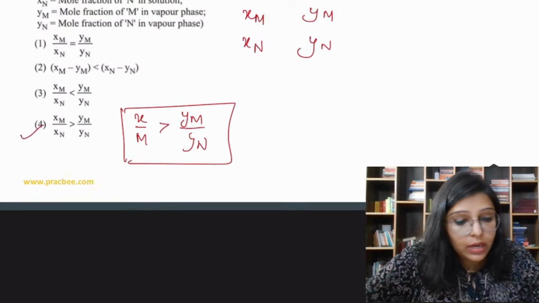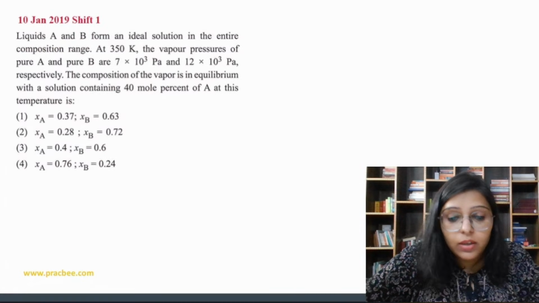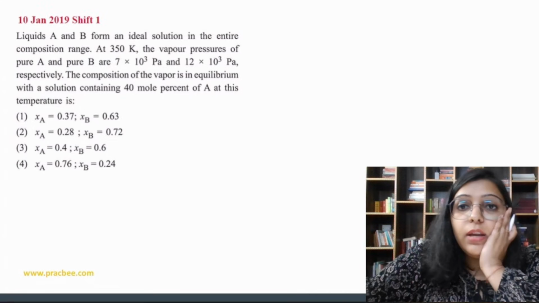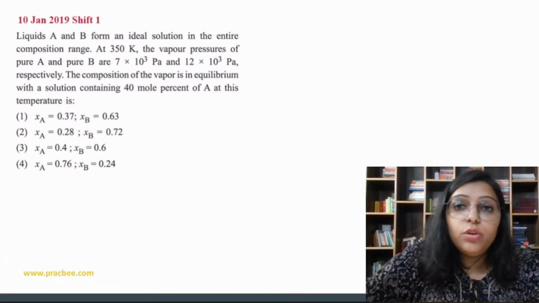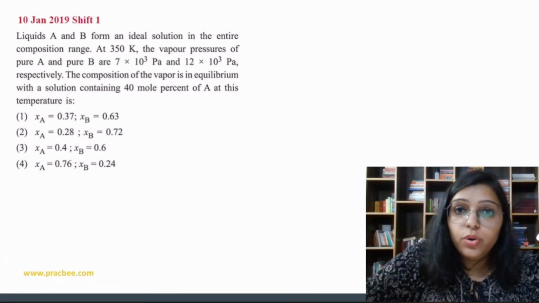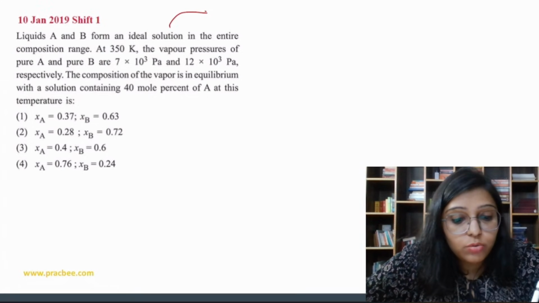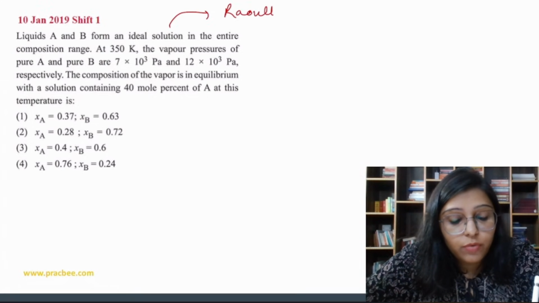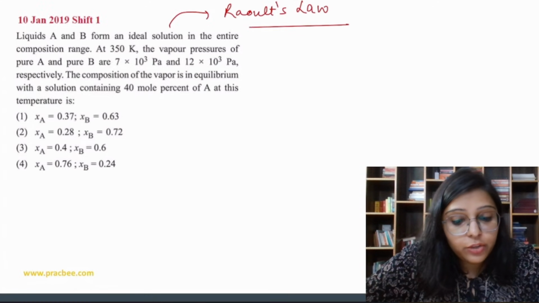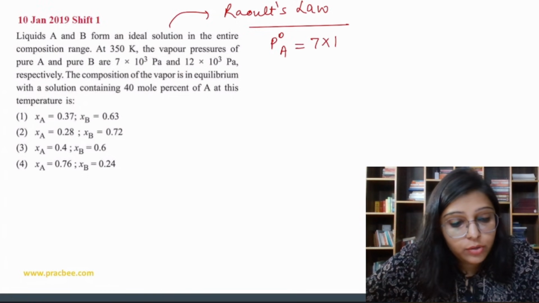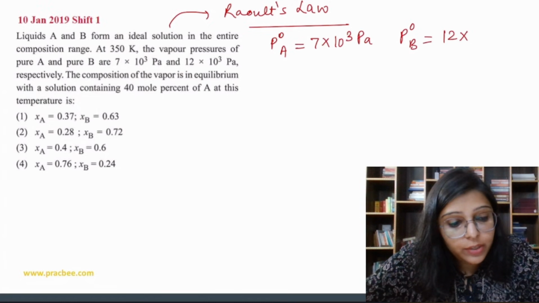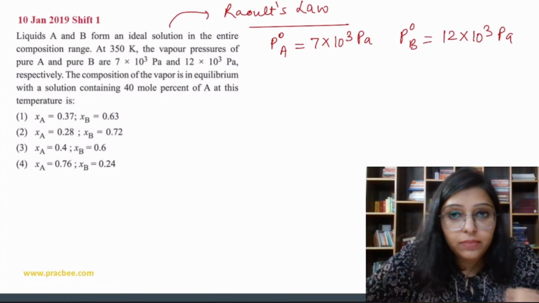Okay. Now let's do the next question. Next question says liquid A and B form an ideal solution in the entire composition range. Okay, fine. It means it follows Raoult's law. At 350 Kelvin, the vapor pressure of pure A and pure B, that is P naught A is 7 into 10 to the power 3 Pascal and P naught B is equal to 12 into 10 to the power 3 Pascal respectively.